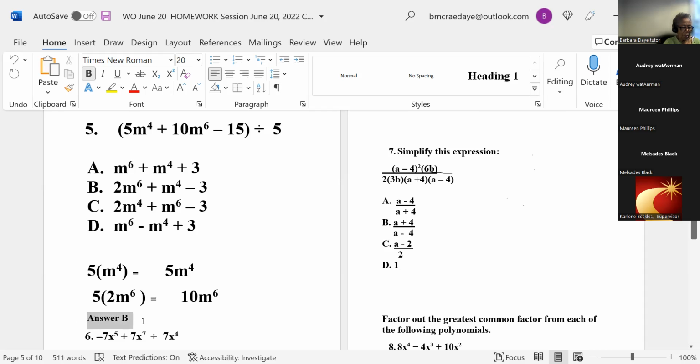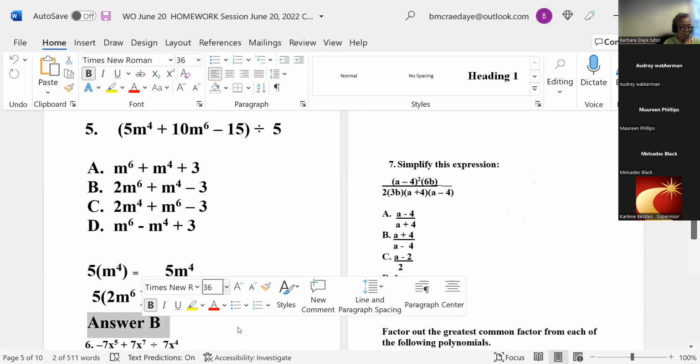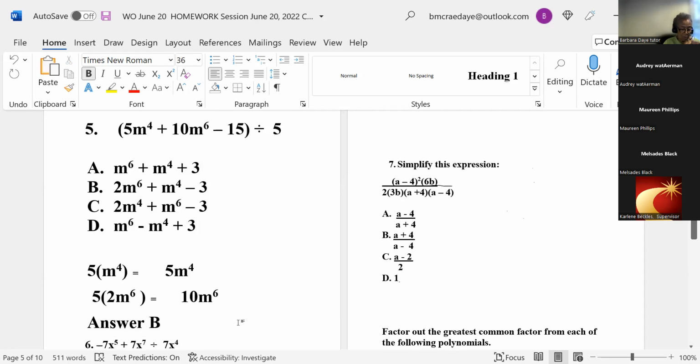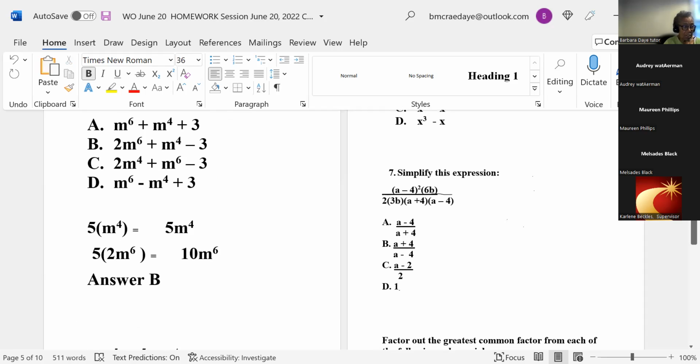Yeah. Okay, yeah. Well, once you do enough of these, then you don't have to really break it down. But until you really get familiar with this, it's better just to break it down into terms. All right.